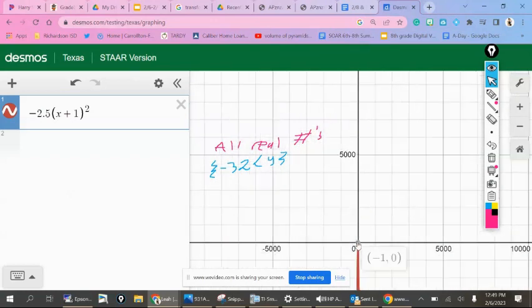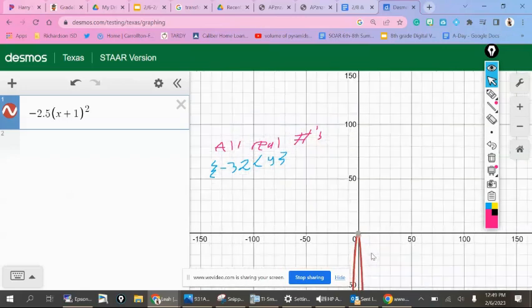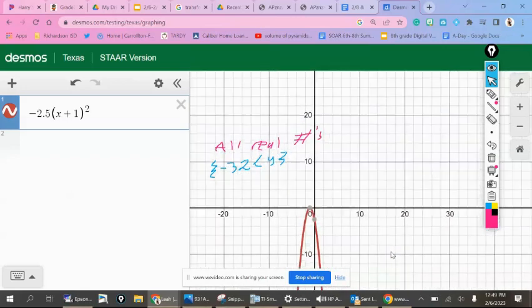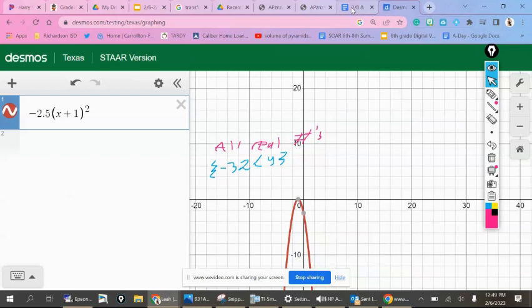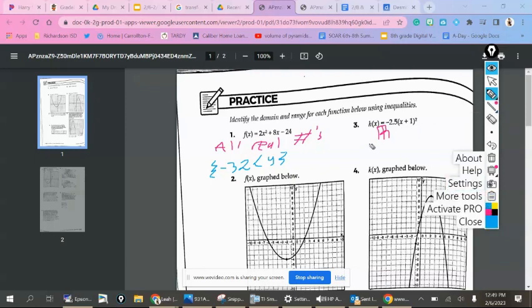You see, I'm already at 2,000, and it's still going on. So the domain is going to be infinite. Okay, it goes on forever. There's no zeros. So for this one, my domain is also going to be all real numbers. This is just a fancy way of writing all real numbers. Okay, so if you don't want to write all real numbers, like I clearly don't, you can just do R with 2 lines.